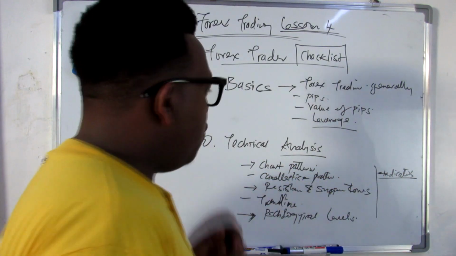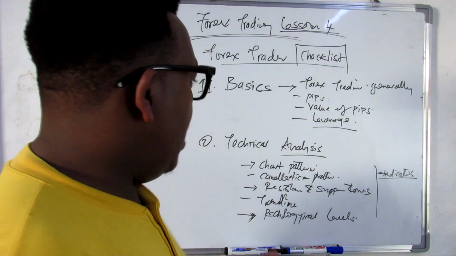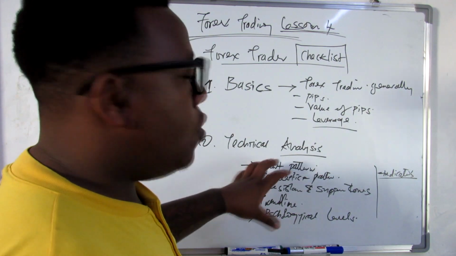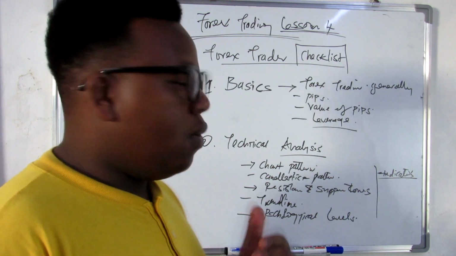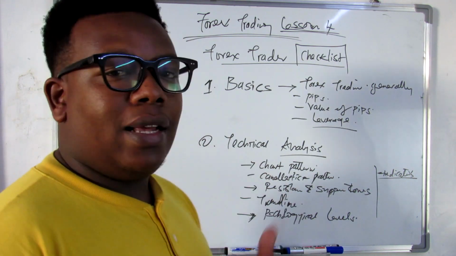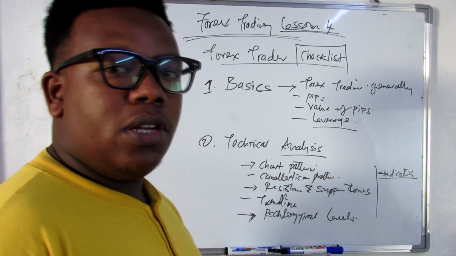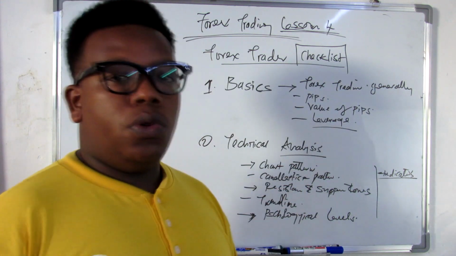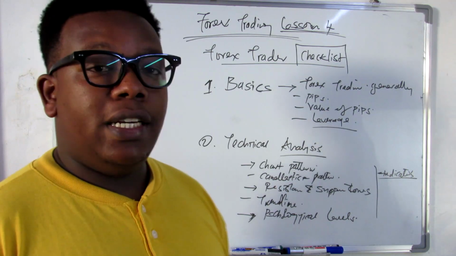All these fall under the technical analysis part of the trading strategy, and I'll be showing you as we move further. I'll be introducing each and every concept one by one to make sure that you have whatever it takes to understand how the market operates and how you can start your career in trading, as well as being very, very important for building your own trading edge or trading strategy.